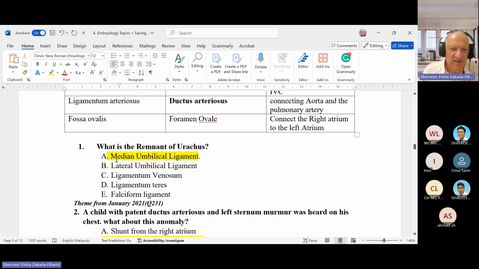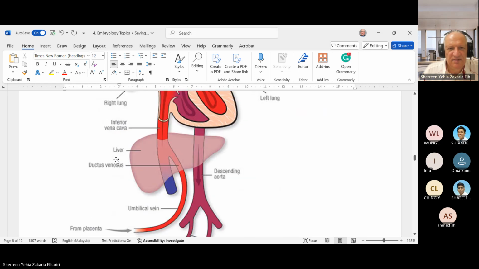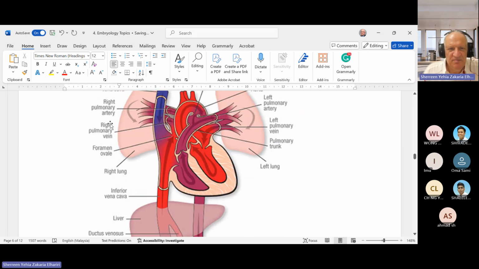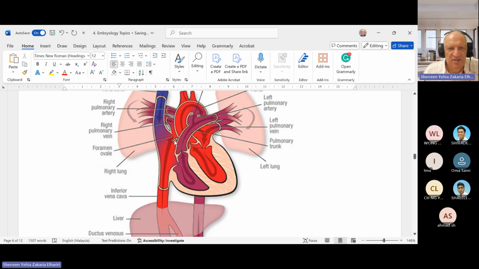After that, in embryology, what is important to us is the fetal circulation. It is important to know because the lung does not function much in the baby. So you have a connection between the right and left sides of the heart through the foramen ovale, which if the defect continues, we call an atrial septal defect.